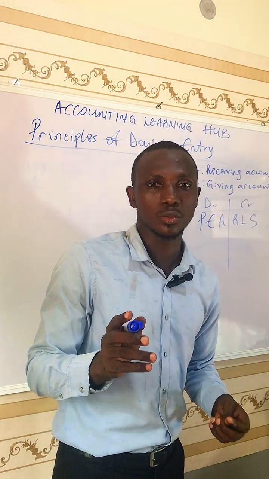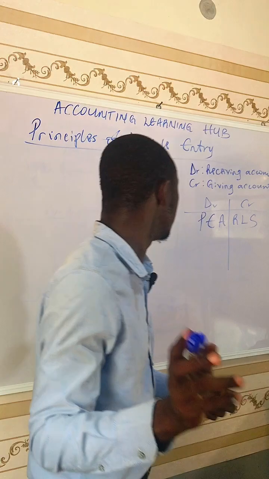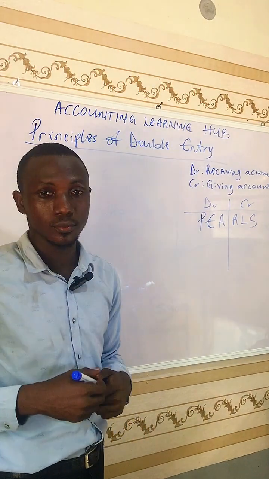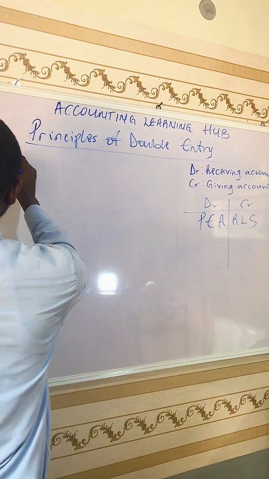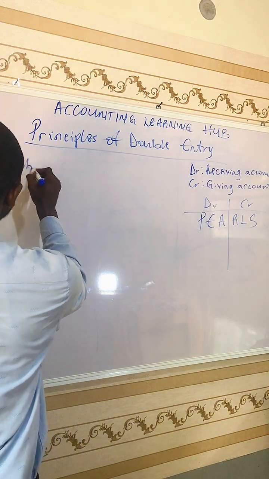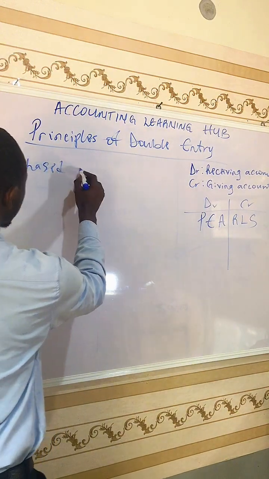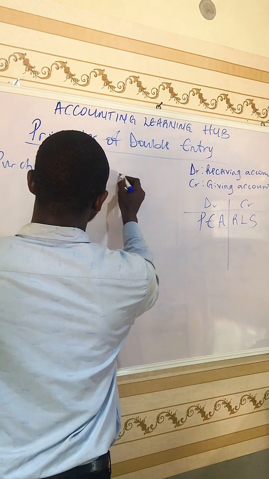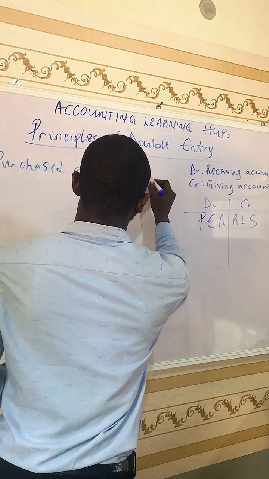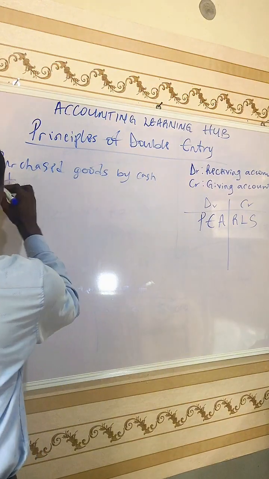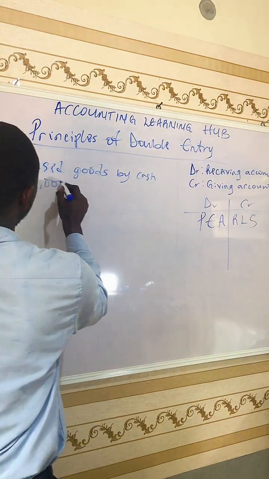So let's try to solve one question on double entry now. Purchased goods by cash, 20,000 naira.